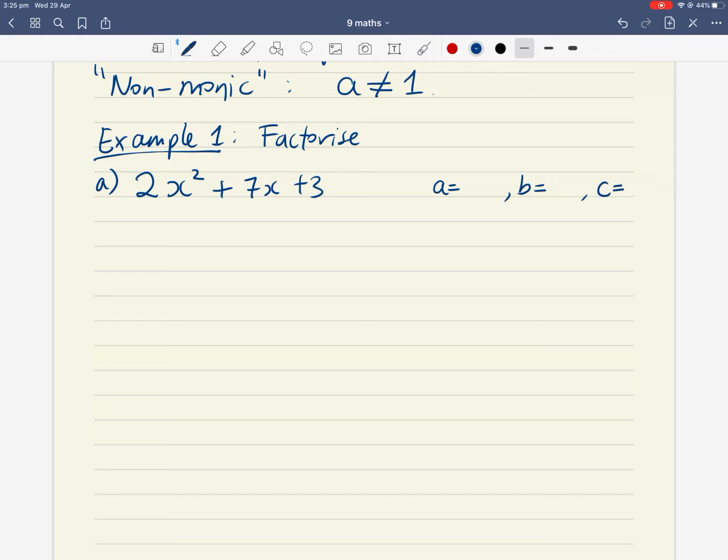So like yesterday, we start off with, on the side, as a side calc, write down your a, b, and c values. So a is the coefficient of x squared, the number in front of x squared, which in this case is 2. B is the number in front of your x, which is 7. And c is the lonely number by itself, which in this case is a positive 3.